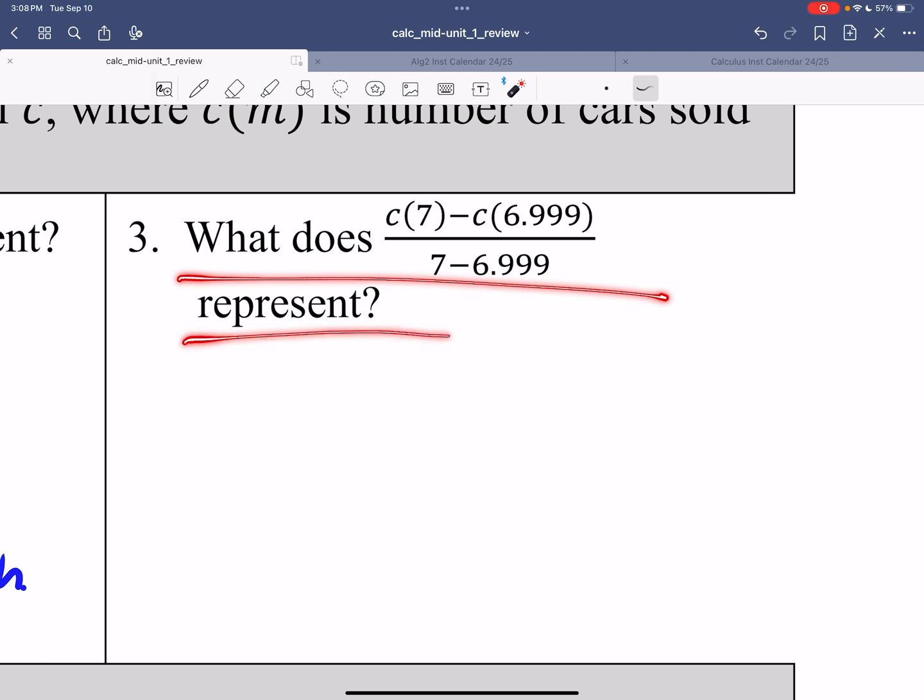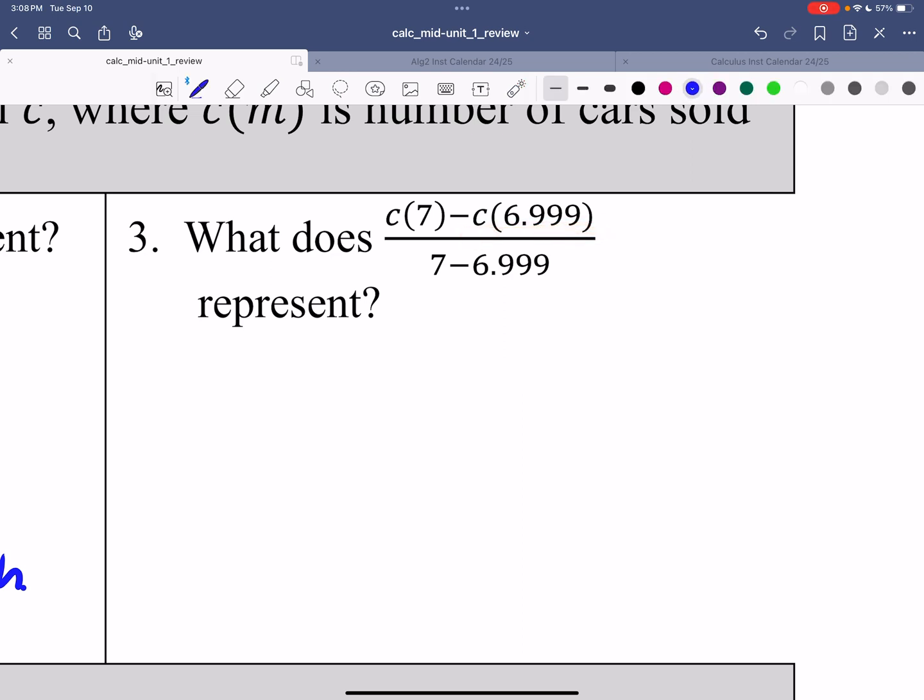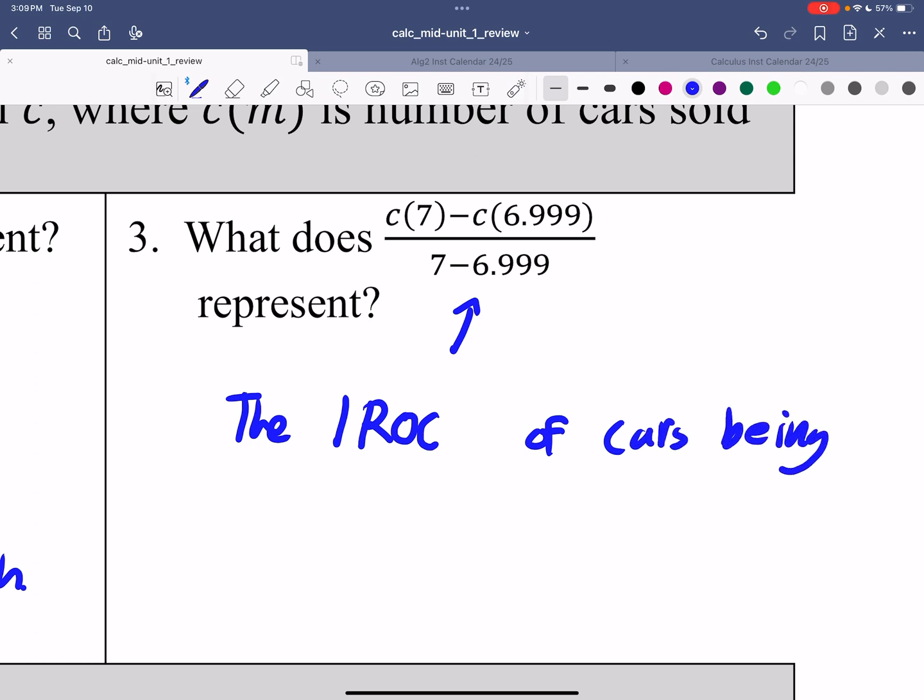Third one, now we have the same thing, the rate, but now the number we have is 7 and numbers very close to 7. So this one is the speed at that specific moment. So we call this the instantaneous rate of change of cars being sold in the 7th month.